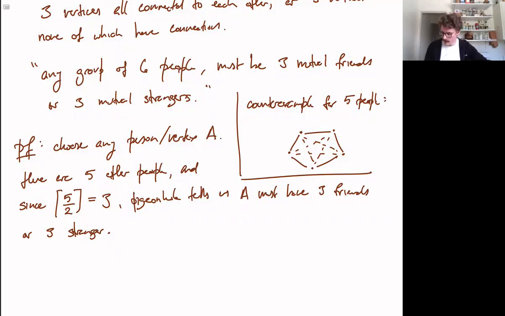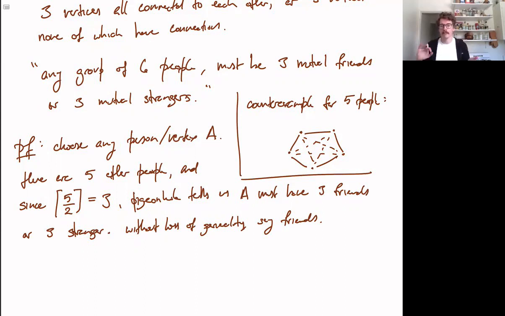So there's either 3 friends or 3 strangers. Let's just say there's 3 friends. The argument for 3 strangers would be exactly the same, but just reversing the words friends and strangers.